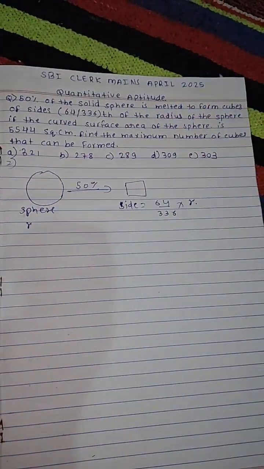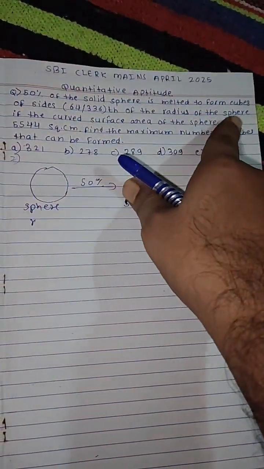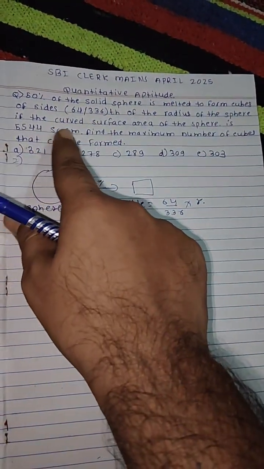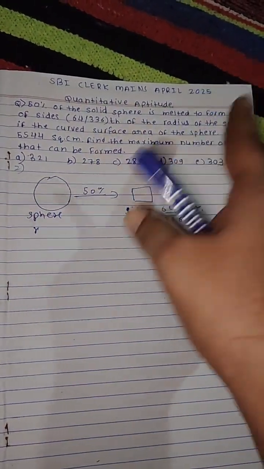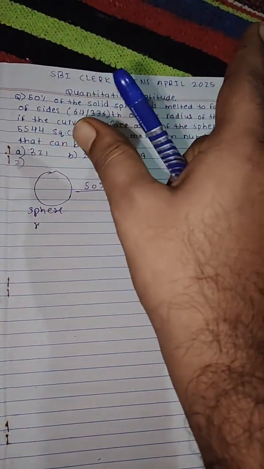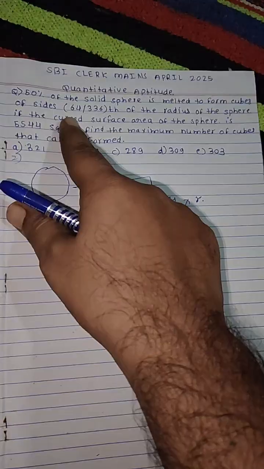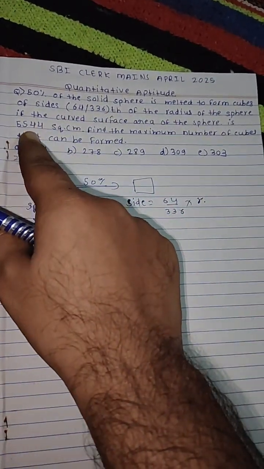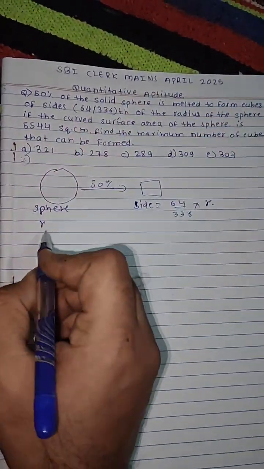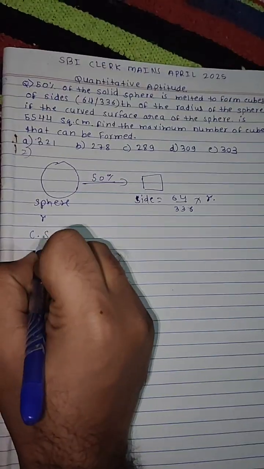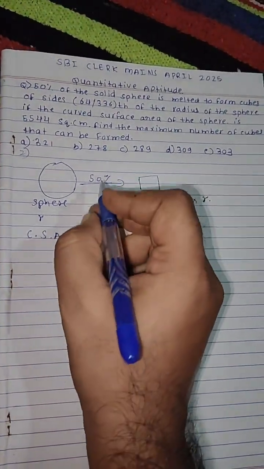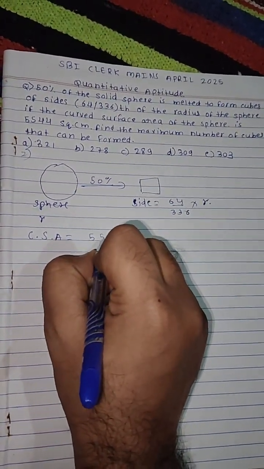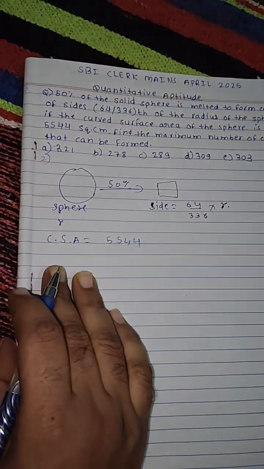Initially they have given a 50% solid sphere, so first we will find the radius. For getting the radius they have given the information that the curved surface area of the sphere is 5544 centimeter square.